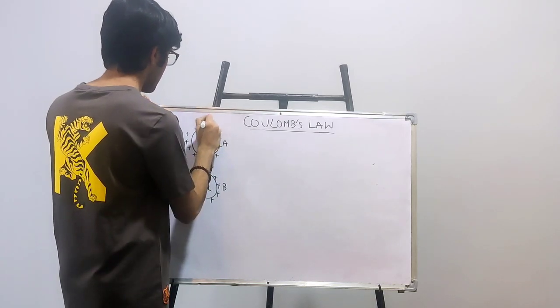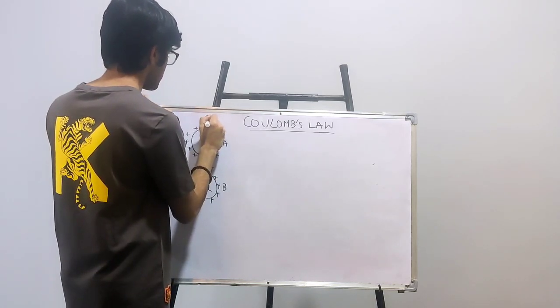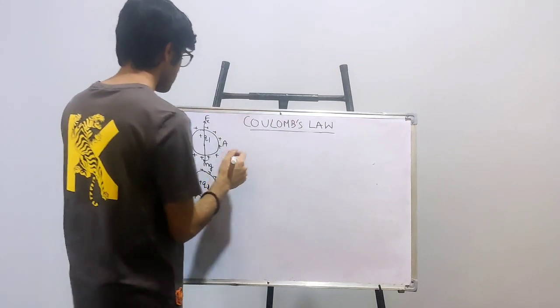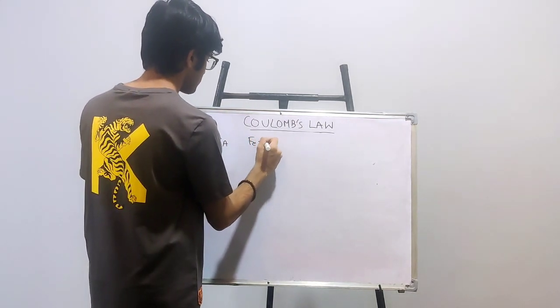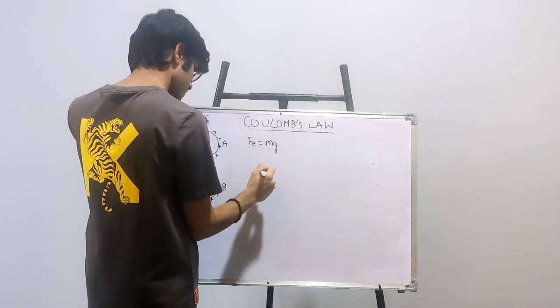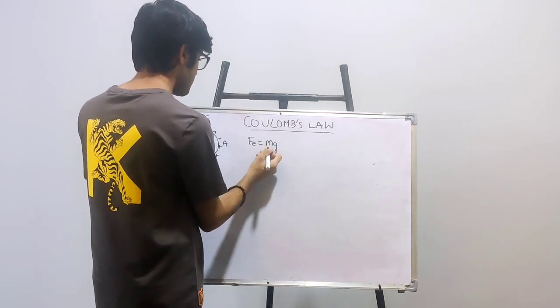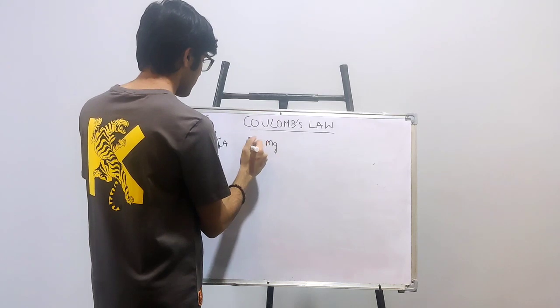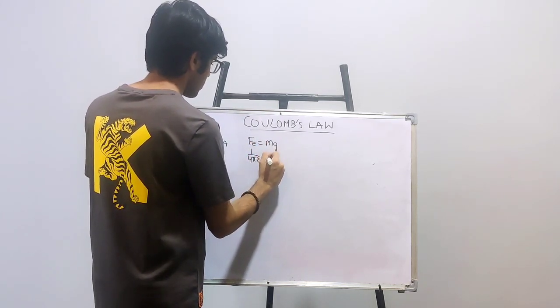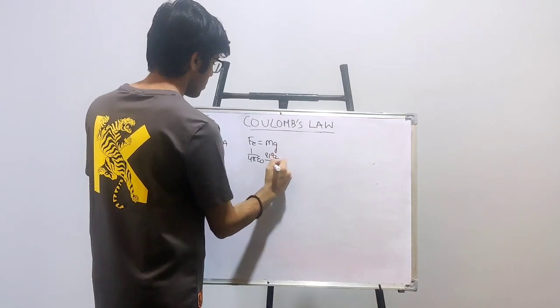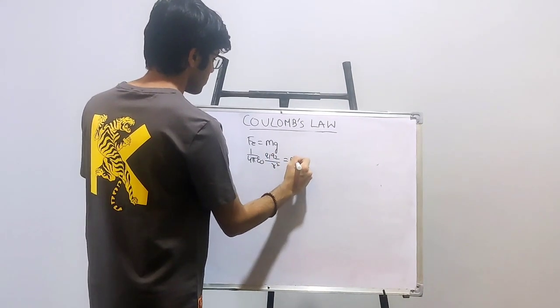So a force will act in the opposite direction, and this is the electrostatic force F. To stop the ball from falling, we can just equate the electrostatic force to the weight of ball A. M is the mass of ball A. So the electrostatic force F is 1 by 4 pi epsilon naught Q1 Q2 over R square, and that is equal to mg.